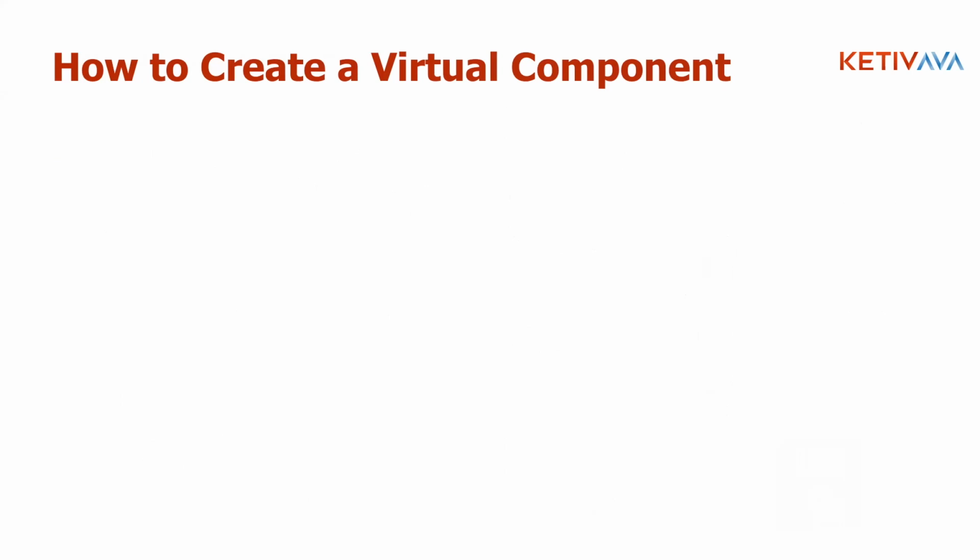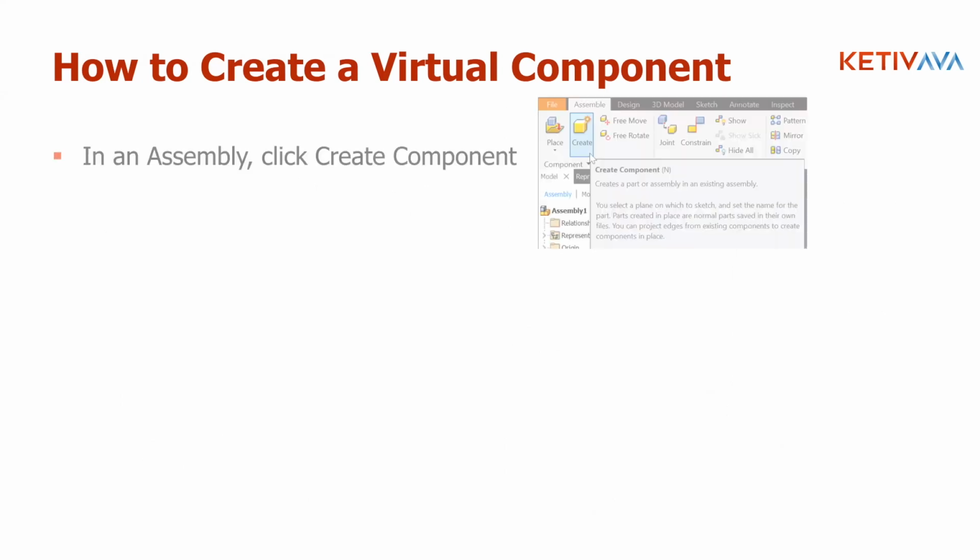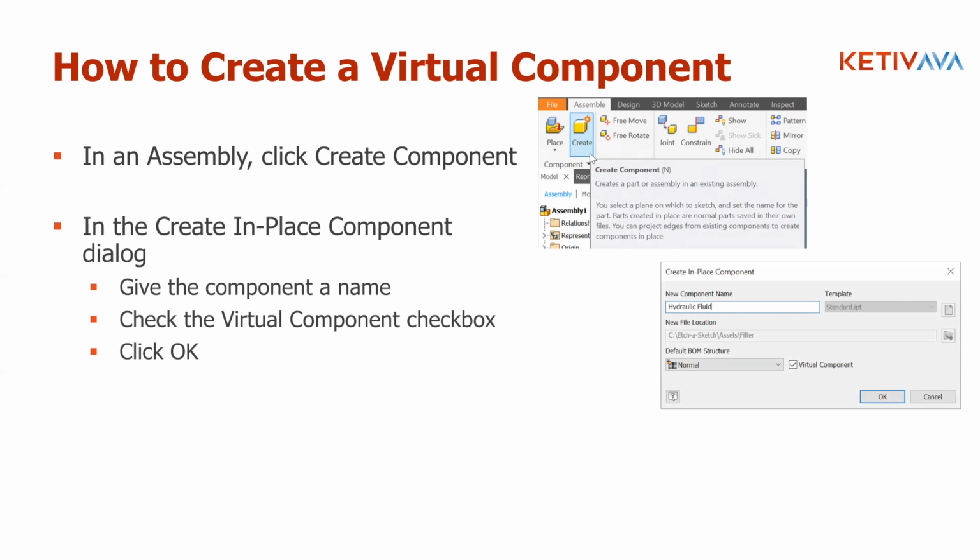Creating virtual components is very easy. When you're inside an assembly, you just click the create component command, just as if you're creating any other in-place component in an assembly. In that in-place component dialog, you give it a component name just like you normally would, but you click the virtual component checkbox over on the bottom right by the default BOM structure.